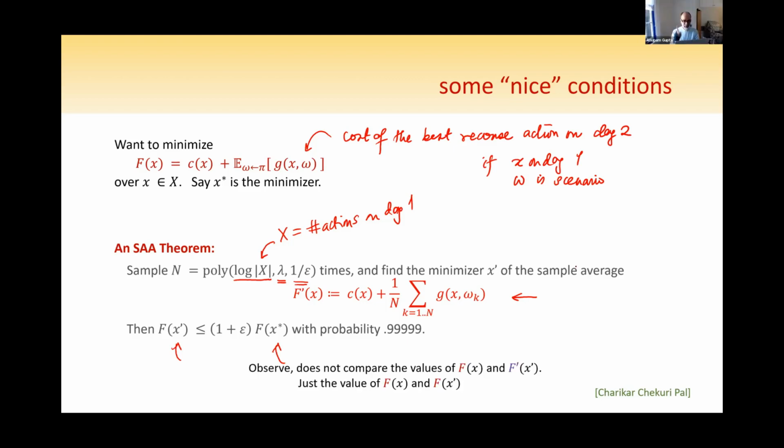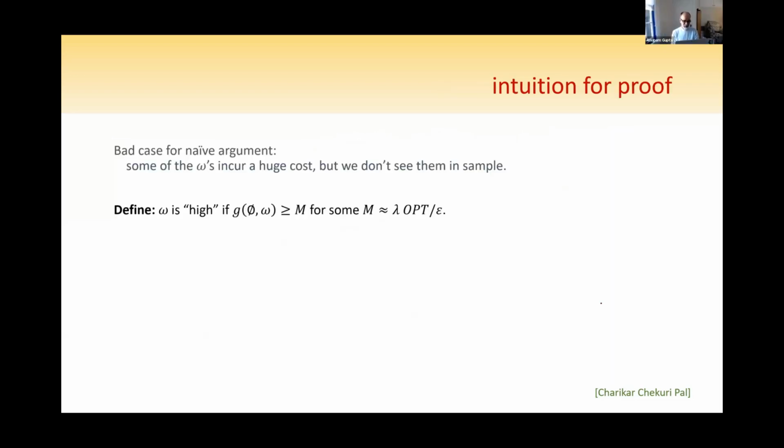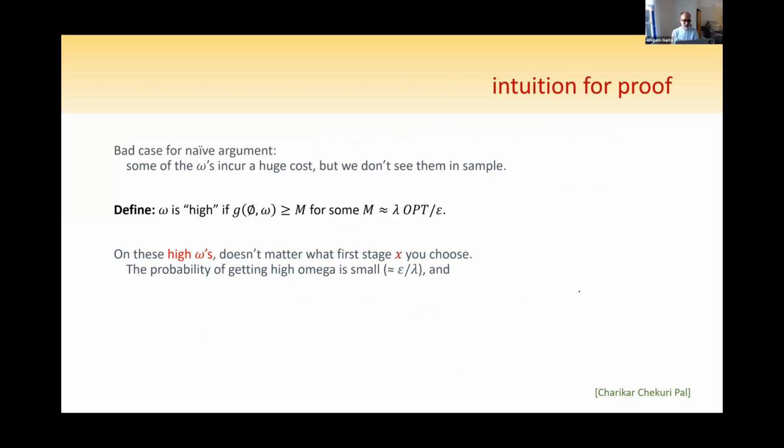Okay. And observe, it does not compare the values of f and f prime on an x by x basis, only on the minimizers. That's what you care about. Okay. By the way, how do you prove such a result? You prove it using a concentration bound, really. I can flash the intuition for the proof. There are dangerous scenarios, and there are nice scenarios.